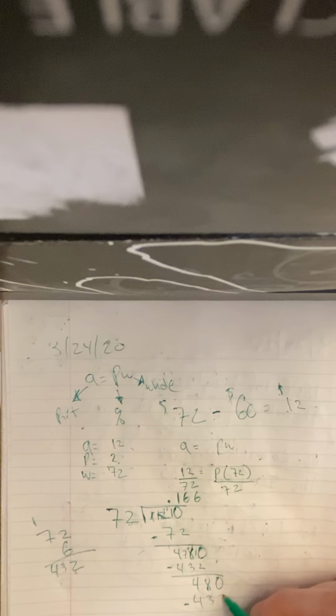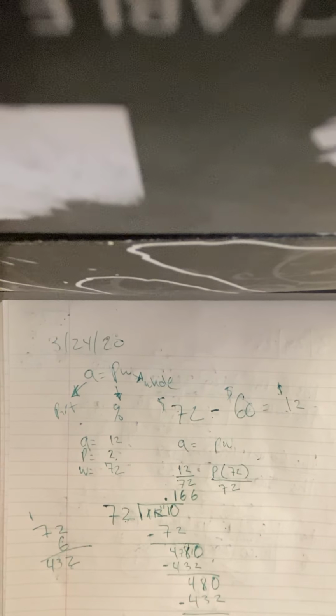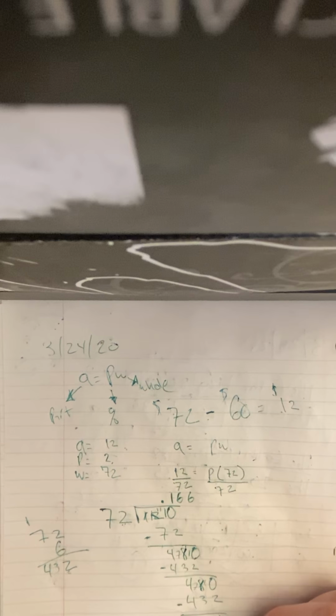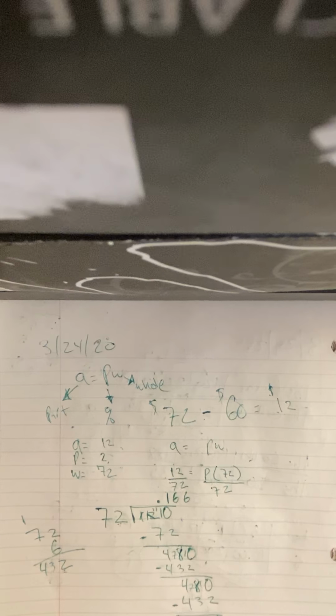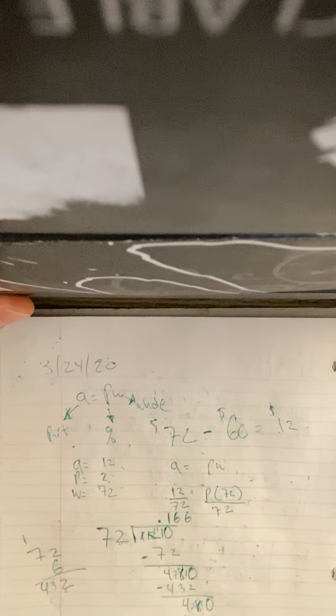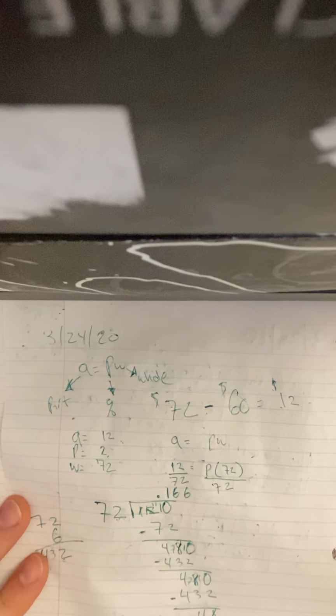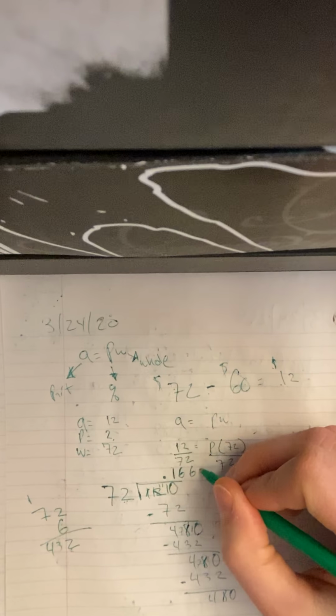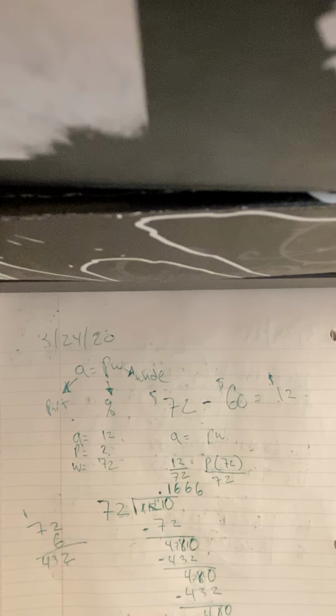I know it's 432, and then I do my subtraction again, and I get 48. So what does this mean? It means that the decimal is going to be repeating, right?